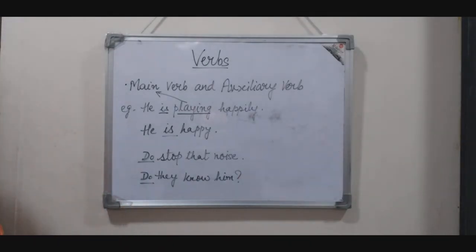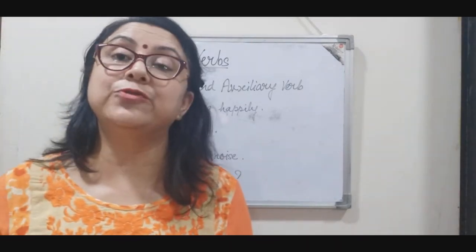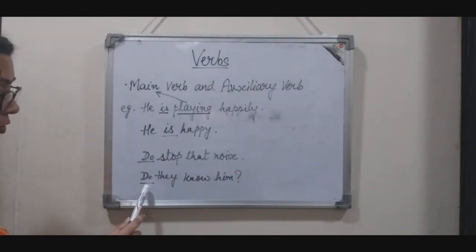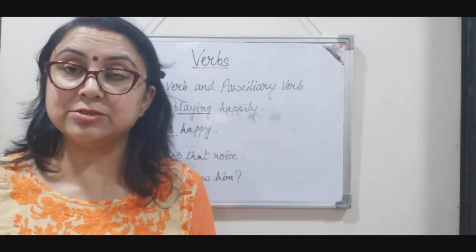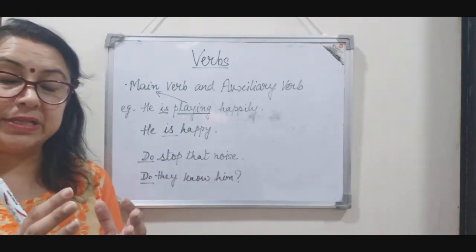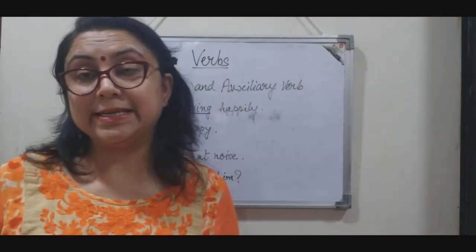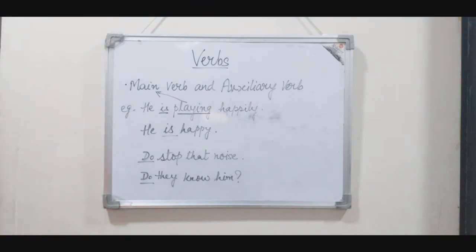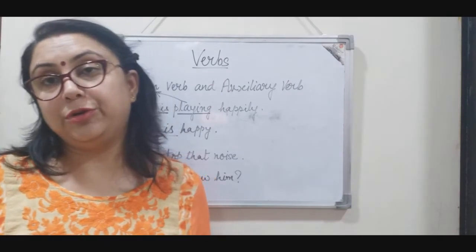Similarly, another use of auxiliary is to ask questions. We use auxiliary verbs, the helping verbs, for asking questions as well. See how? Do they know him? Here do is asking the question, isn't it? The auxiliary do has been placed in the beginning of the sentence for putting up a question, right?